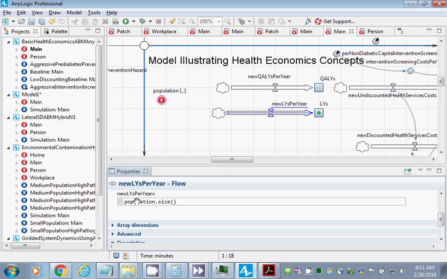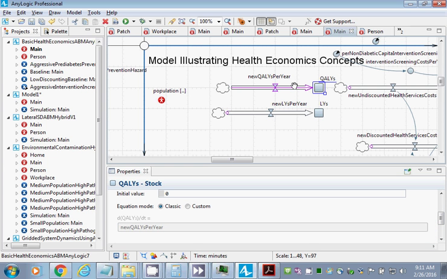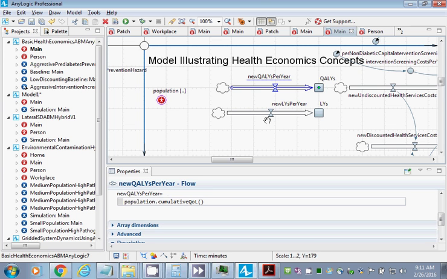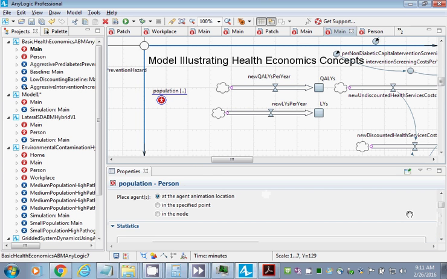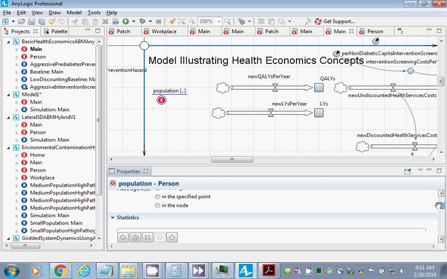And if we go here, we will find new costs per year, cumulative qualities. Here it is. A sum over the population of people's quality of life, and that becomes this flow that is going to flow in for qualities.